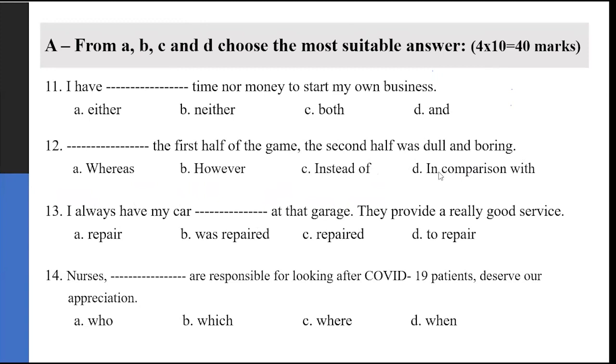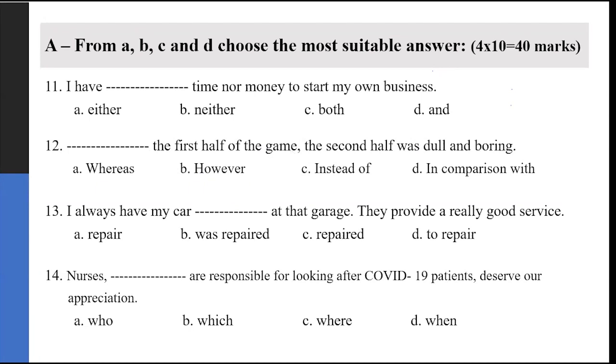If you remember, I told you at the beginning that to distinguish which one to use, I have to read the sentence from the beginning to the comma. For example, the first half of the game. If I read it, I will notice that I only have a subject. But the second sentence has a subject, which is second half, and it has was as the verb, and these are adjectives. When I choose which option, I have to look at the sentence from the start to the comma. I ask myself, is this part a complete sentence?